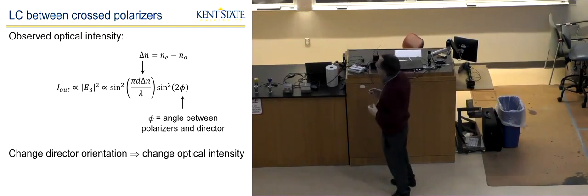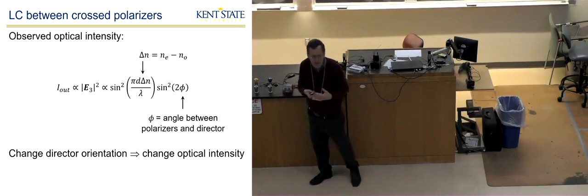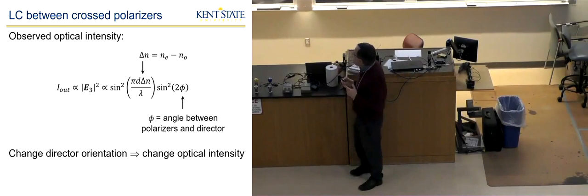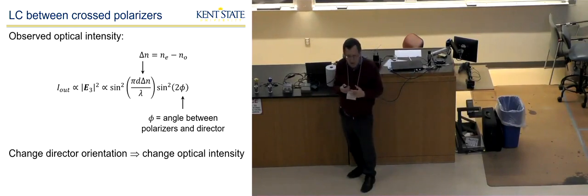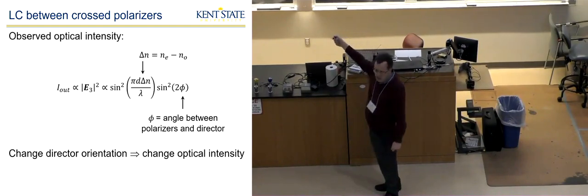So the point of this is that if you do anything to change the director orientation, then you'll change the optical intensity. If you change the director orientation in the xy plane, you'll change this phi angle.